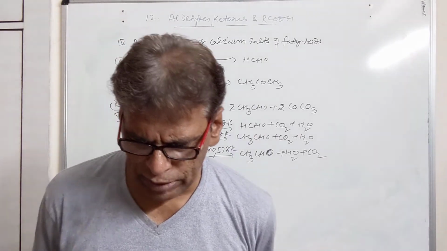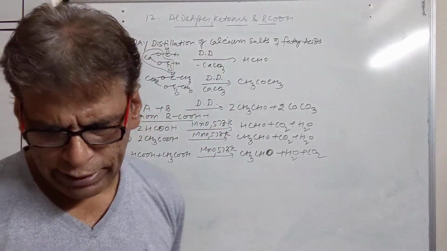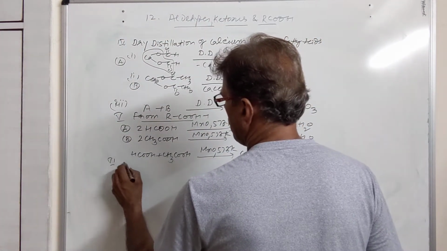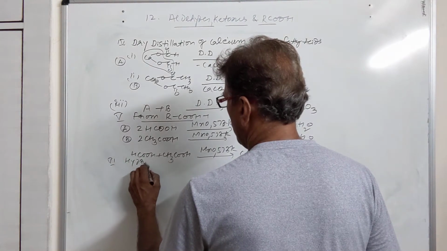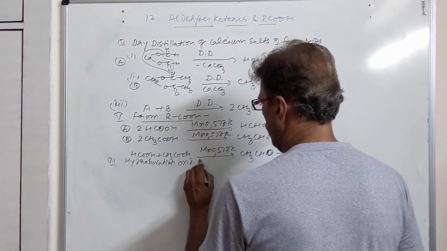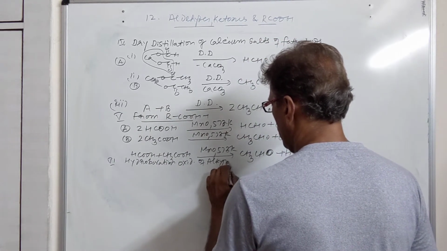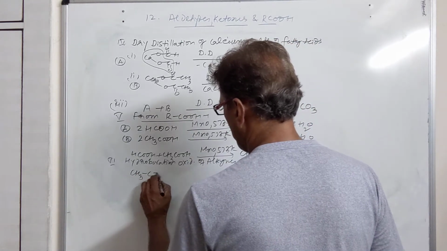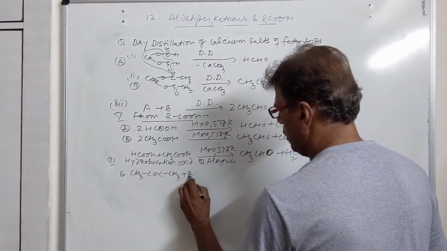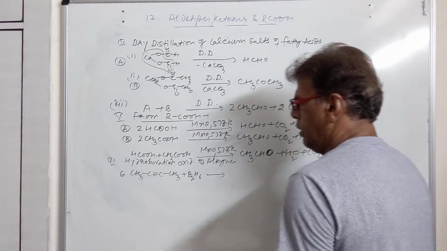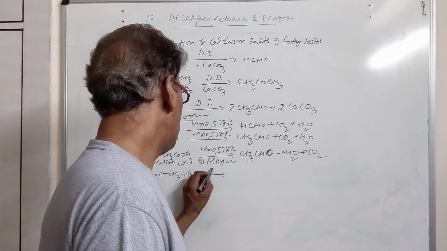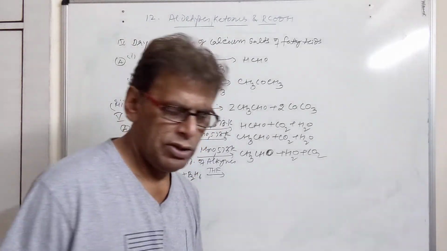Then we have the next method, from alkynes: hydroboration oxidation of alkynes. This is the sixth method. The alkyne used here is butyne. 6 molecules of it are taken and heated with B2H6. B2H6 is known as diborane, in the presence of THF, tetrahydrofuran, which is used as solvent here.